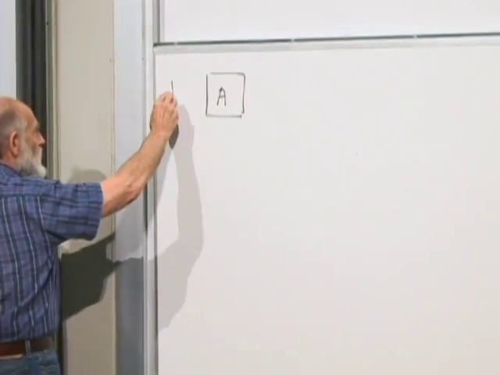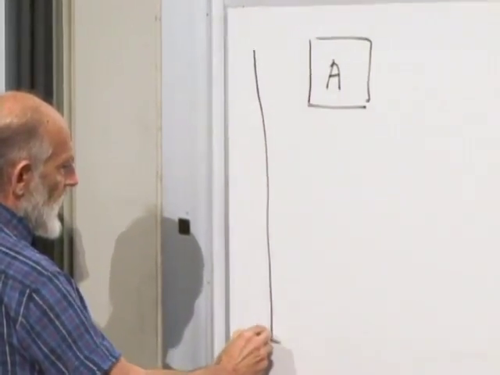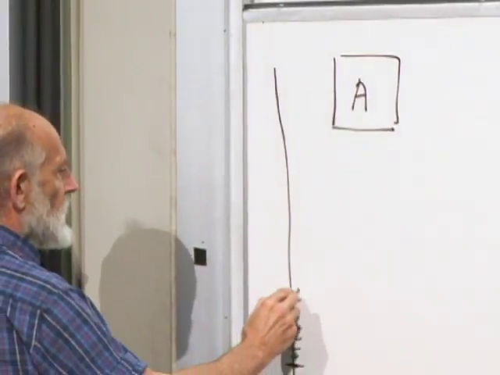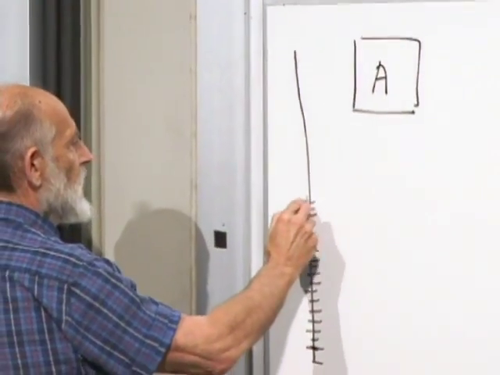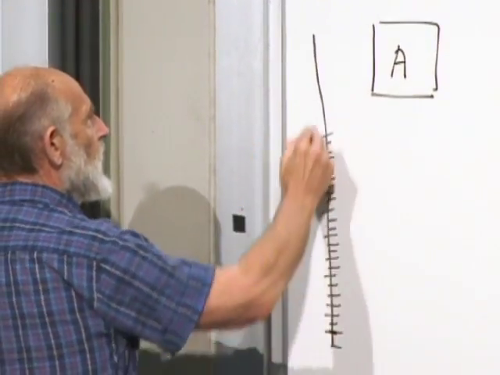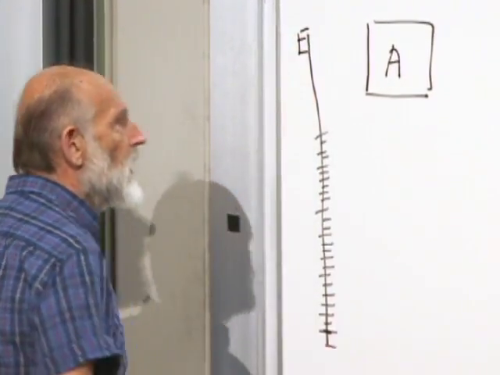Let's put an axis over here to represent the states of the system, and the little tick marks here could represent the energy levels, the possible energy levels. If the energy is a continuous variable, as it really is in classical mechanics, we'll have to take that into account.